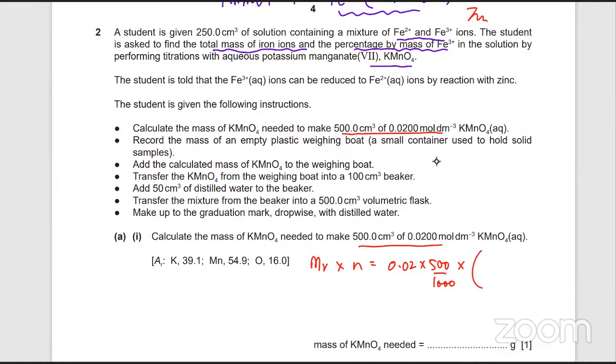So what is the MR of this thing? It's K, that's 39.1. Mn is 54.9. ये दिया हुआ है, ठीक है. MnO4, 64. What is the mass that we're getting? 1.58 grams. Okay, so we're getting 1.58 grams.